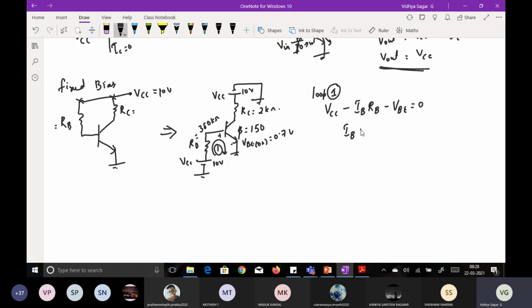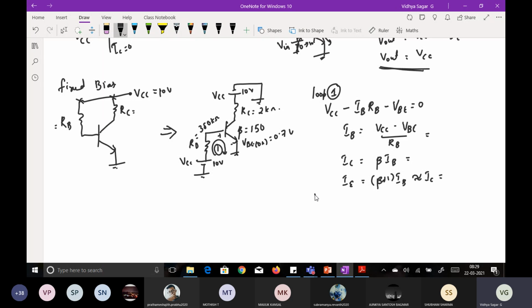So IB is equal to VCC minus VBE by RB. Once I know IB, IC will be beta times IB, and IE will be beta plus 1 times IB, or approximately IC. You can see the values will be similar.